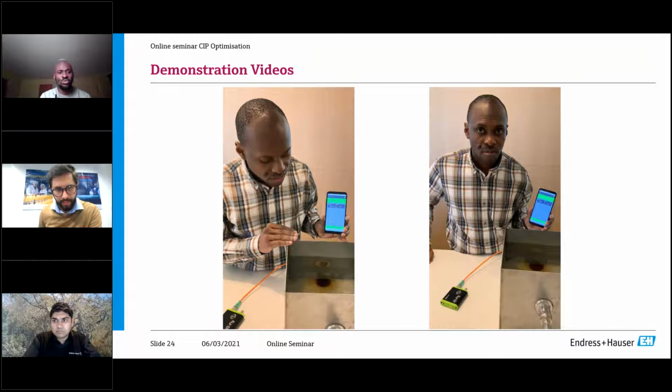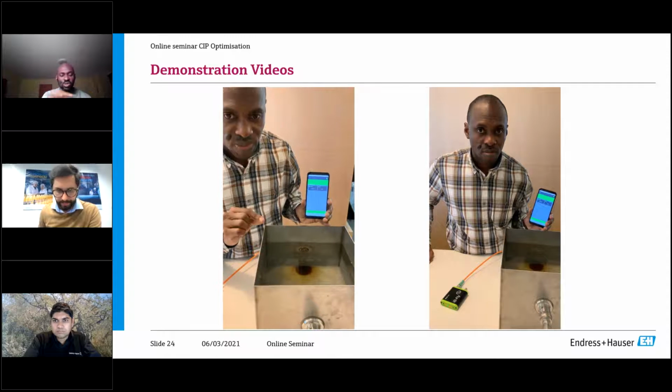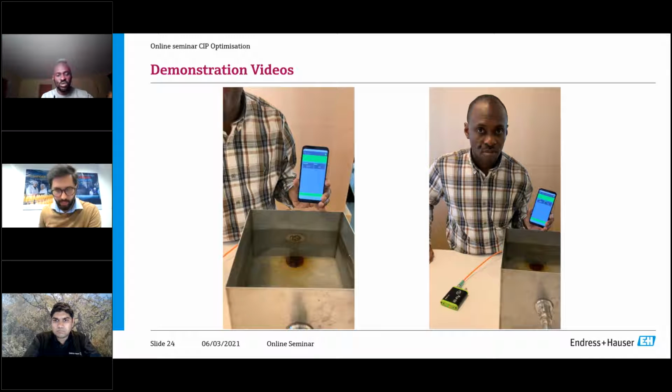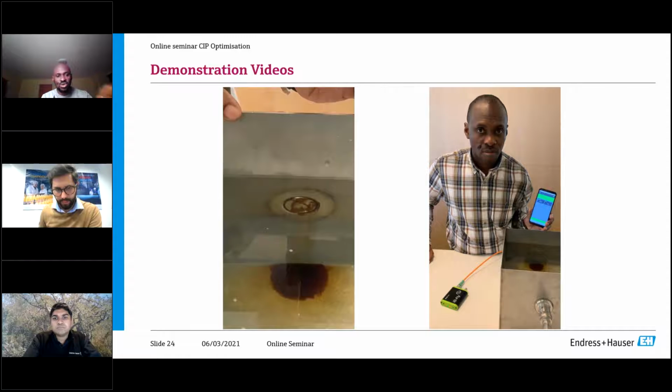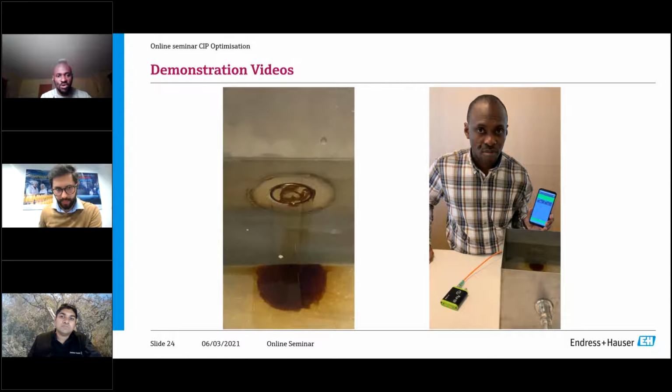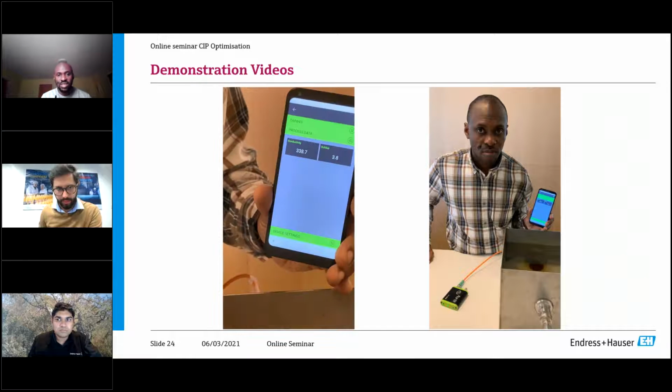In the first video, during production, you do expect to have fouling on the installation surface. If you look at the sensor, which is being zoomed out, you will see some buildup of a sticky media covering or partially covering the sensor surface, which can also be seen from the display readings. You can see the conductivity is above 300 and the buildup height has reduced to 3.9.